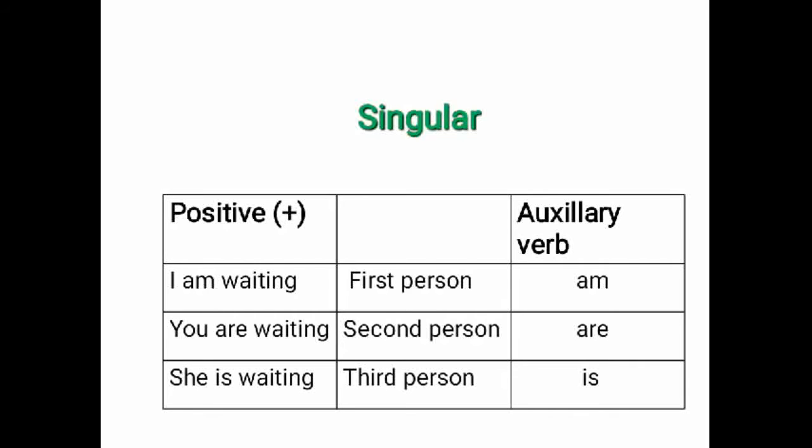Next, you are waiting. Singular subject is you. You belongs to second person. You have to add auxiliary verb are for second person. Next, she is waiting. Singular subject is she. She belongs to third person. You have to add auxiliary verb is for third person.